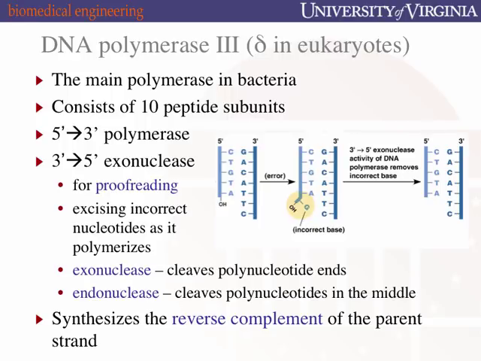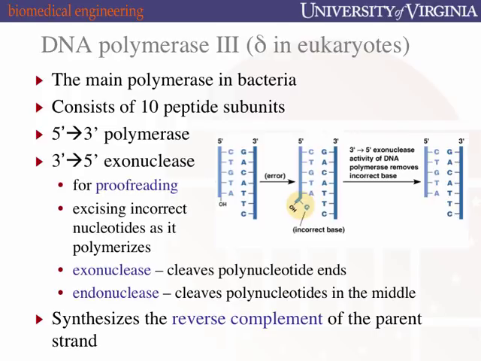This is where the 3' to 5' exonuclease activity is valuable, because if an incorrect base is incorporated into the daughter strand, you're not going to have perfect base pairing with the parent. So the end result is that base is going to be stuck out in some way off of the template.